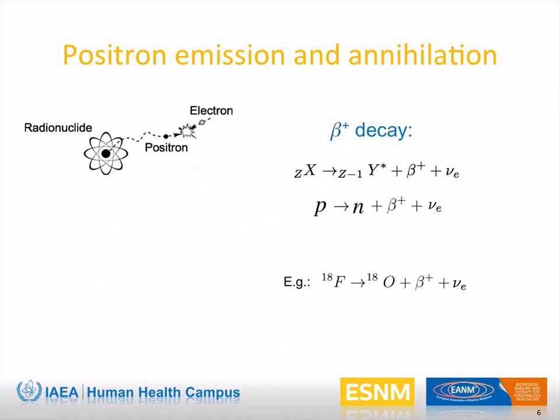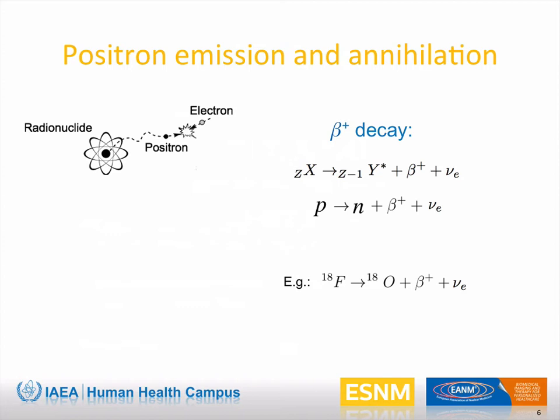Hence, a nucleus X with an atomic number Z decays into another nucleus with an atomic number Z-1, together with the emission of a beta plus particle and an electron neutrino. A beta plus particle is the antiparticle of the electron, and it is usually called a positron.